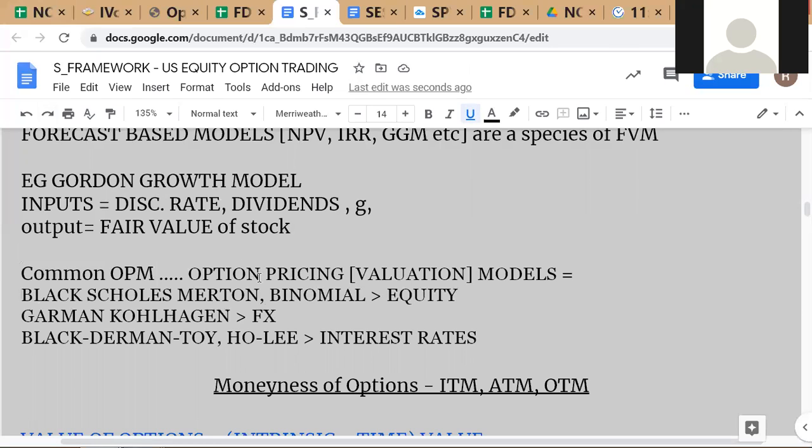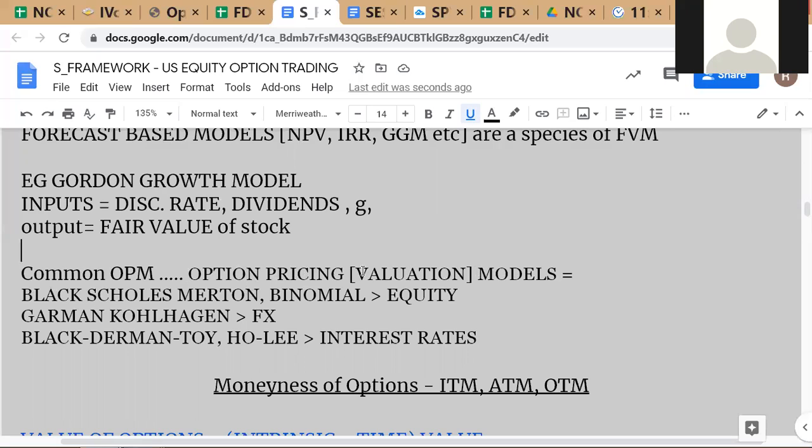In the industry, they will call these option pricing models. But I have it this way because I want you to understand it at two levels. I want you to understand that what industry refers to as option pricing models are actually valuation models, called option OVMs. Yes, sir.